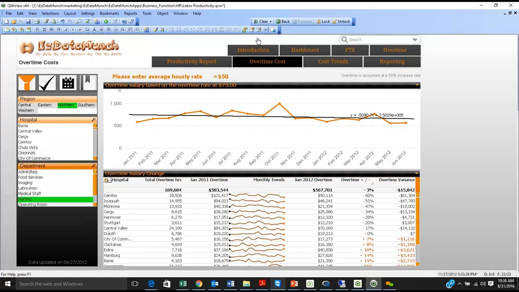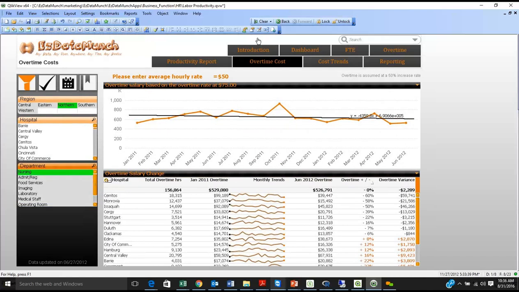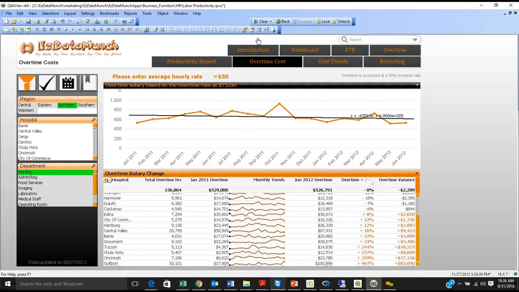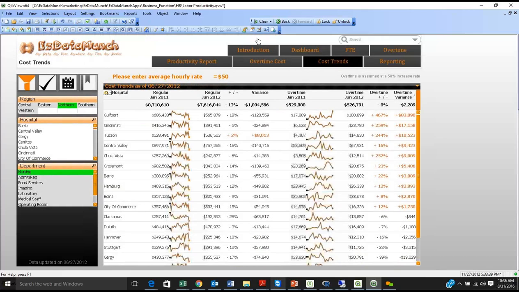We can look at different skill category or department here, and looking at that will tell you nursing is definitely one of the big spenders on overtime. Cost trends, so how the cost actually is going up or down. So when nurses are based on their experience, their qualification and skills, are you increasing your cost? Are you decreasing your cost? So that kind of trend and variance that you're looking at.